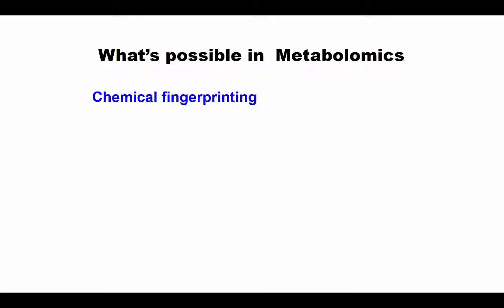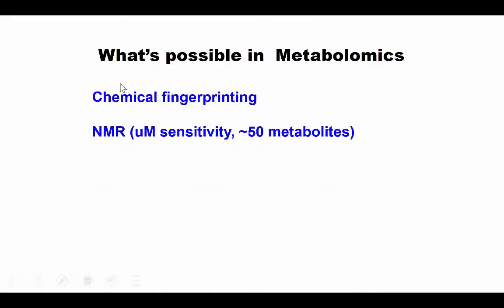We can take out all the chemicals from the biological system and utilize the fingerprint of changes in those metabolites all together, using that information to understand biological events. There are several different techniques, but if you utilize NMR, one of the limitations is sensitivity. Even using a high magnetic field, we still need micromolar, sometimes millimolar, concentrations of the material, and one molecule can generate multiple peaks. That's why practically we can monitor approximately 50 metabolites at a time.